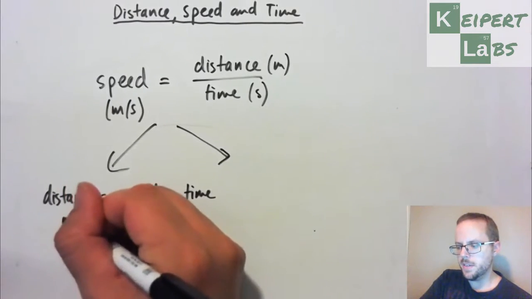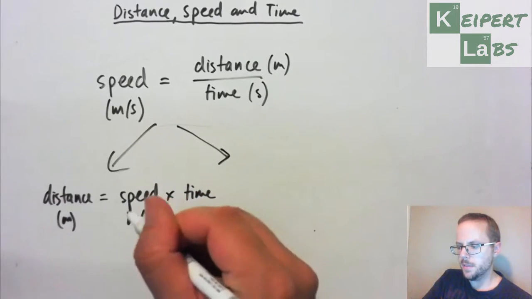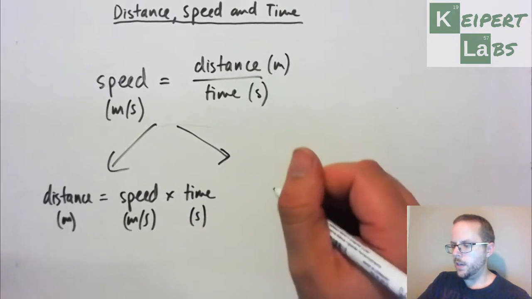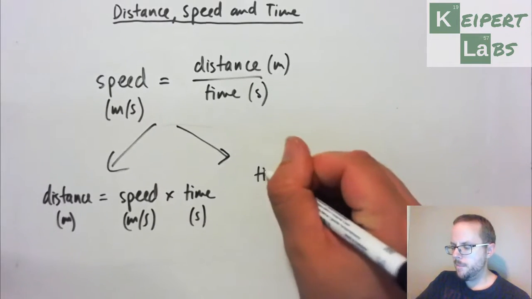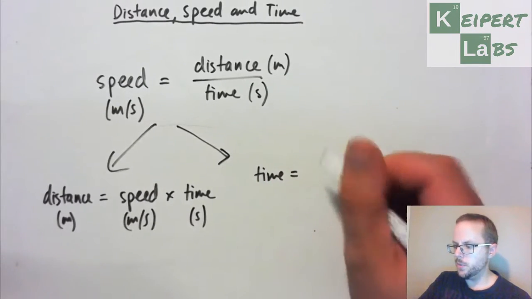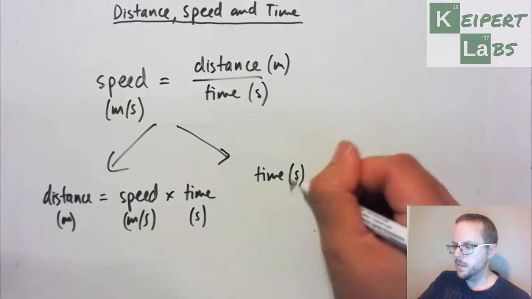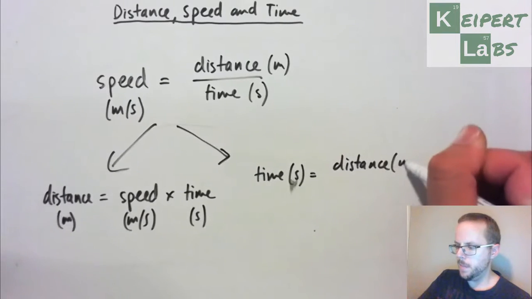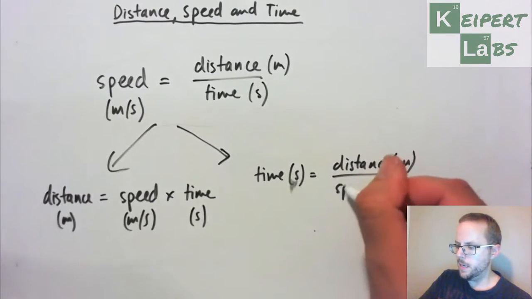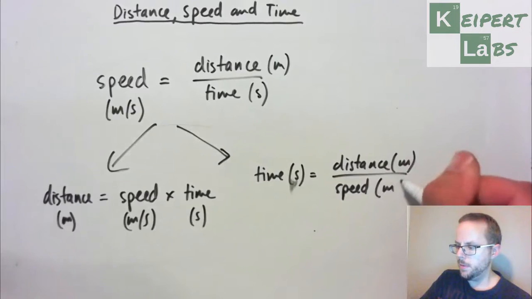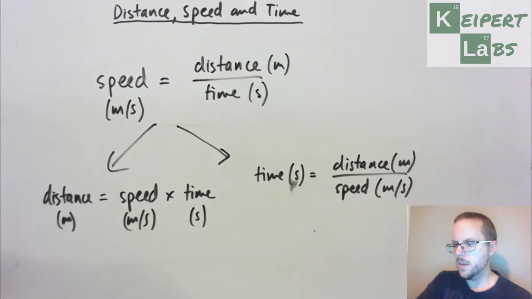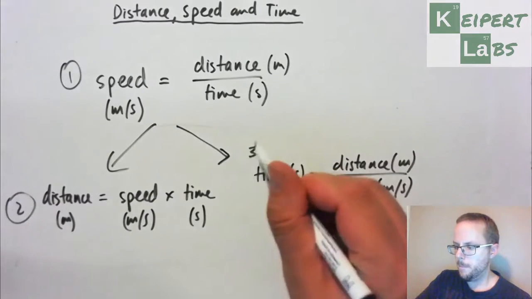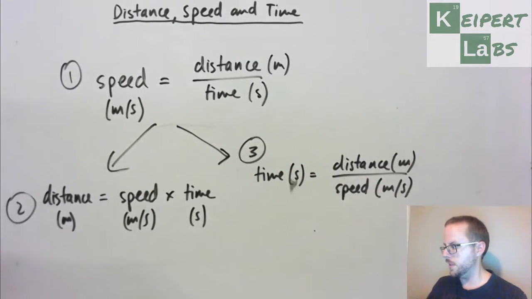That'd be distance in meters, speed in meters per second, and time in seconds. Or I could make time the subject, so time, in seconds, is equal to distance in meters divided by the speed in meters per second. So I've got three maths equations here, three versions of the same thing, I should say.